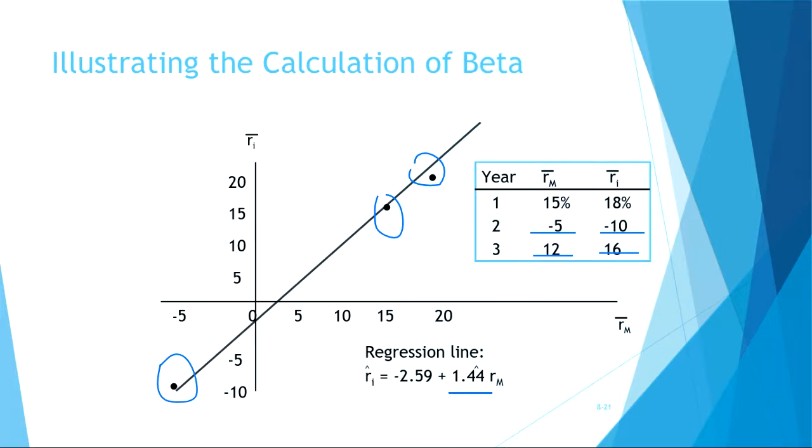How do we calculate our beta? Usually the beta is calculated based on the past data, right? We will talk about it, but basically we cannot see the future, so that's why we only have the past data, historical data. Then we calculate the beta based on the historic data.